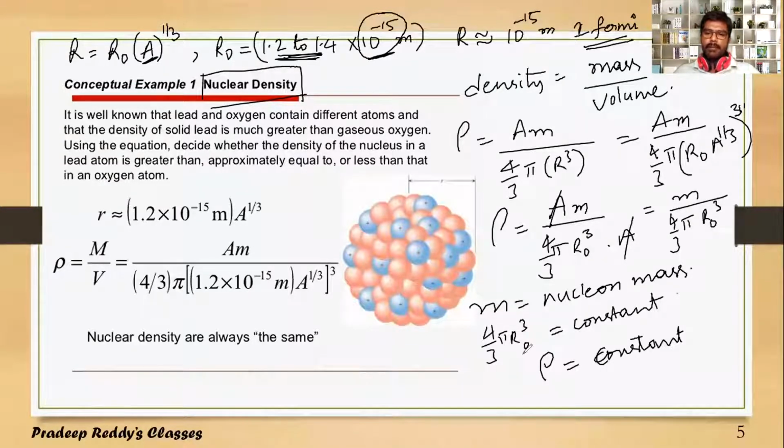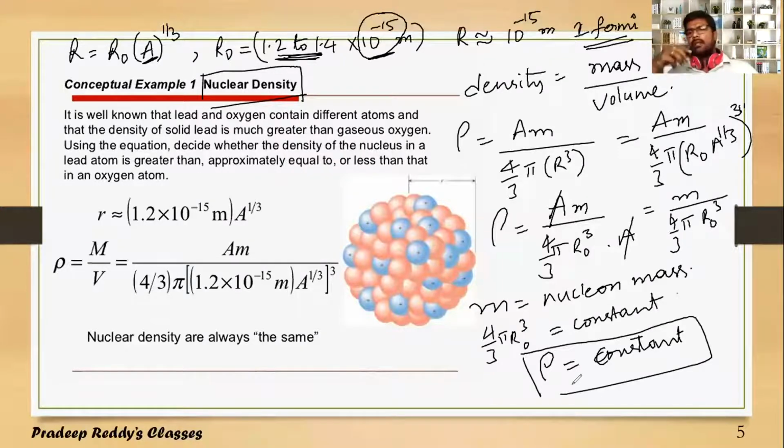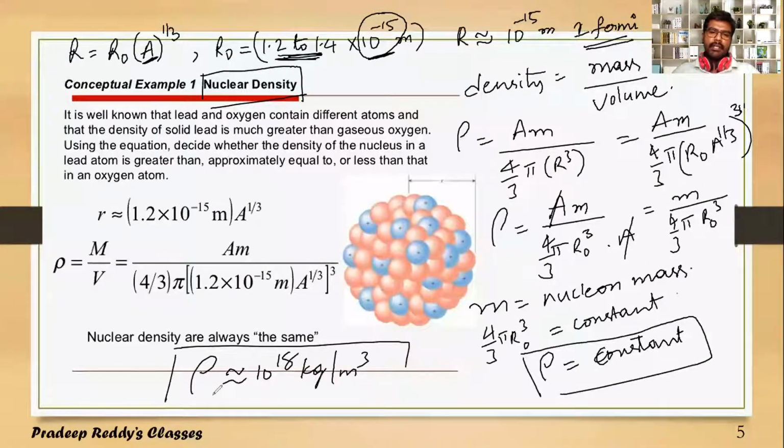It's not depending upon the mass number. It's not depending upon the atomic number. So the density of all nuclei will be the same. And if you calculate this approximately, you will get a density in the order of 10 power 18 kg per meter cube, which is a very, very large value.